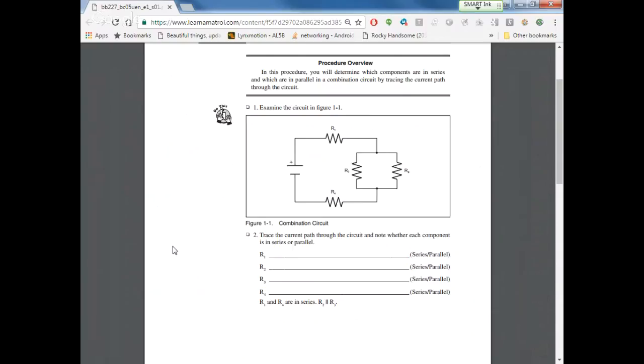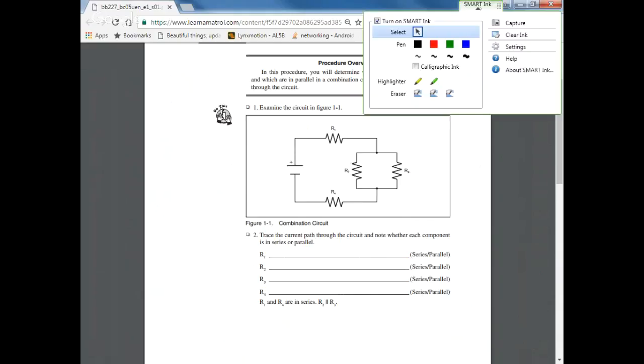So basically what they're wanting you to do is begin to trace the current. So the current's going to come through here, right? I guess I'm not allowed to draw on Adobe documents.